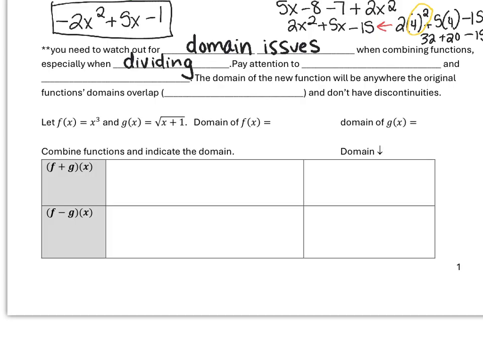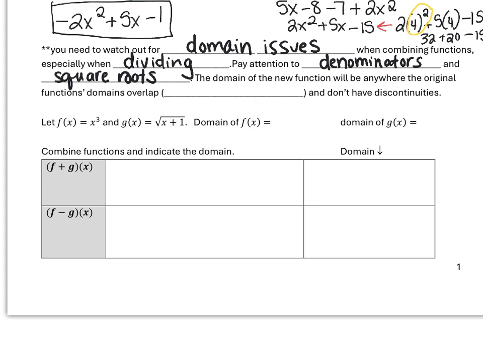So we watch for those domain issues. We are going to pay attention to denominators, which present domain issues, and square roots, which restrict our domain as well. So those are the things we're looking for as we combine functions.